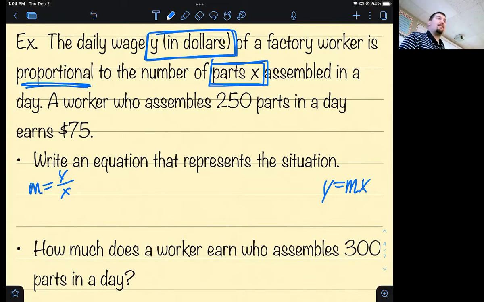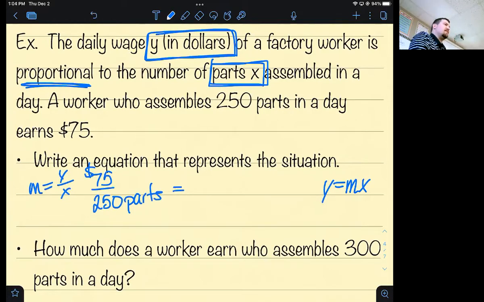That'd be a waste of time if I asked you to subtract 0 from both of them. Right? So I just need to write whatever the y value is over the x value. The y value is the dollars. So what number goes on top of our fraction? Christian? 75. The x value is the parts, 250.